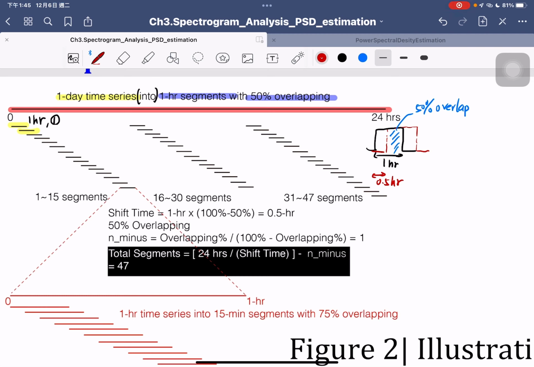Remember, we have the 1 hour window length, and the 1 hour we usually call the time window for the long segment. So here the 1 hour is the data length for long segments.